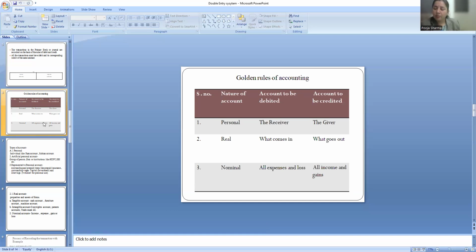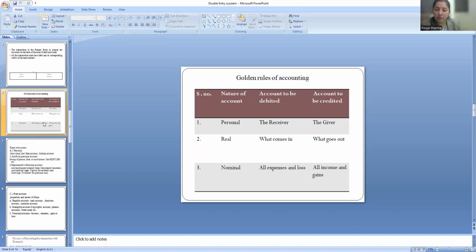In the personal account, all the receivers are debited and all the givers are credited. As per the real account, what comes in is debited and what goes out is credited. In the nominal account, all expenses and losses are debited and all income and gains are credited. These are the basis for passing the entry in the journal.